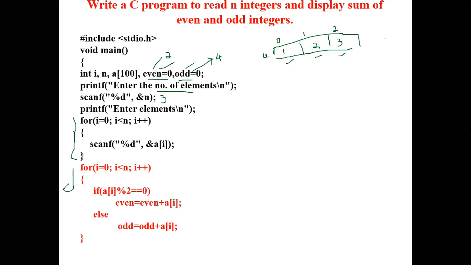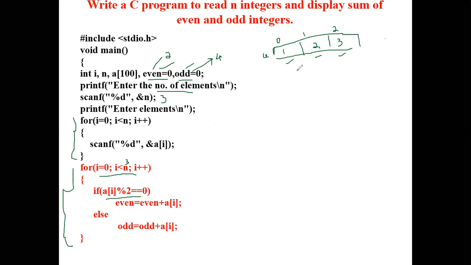Now this is the logic that we are going to use for calculating the sum of even and odd. Okay, so we are reading each and every element of the array till I value is less than 3. So these 3 values we are going to read, and this is the logic that we are using to check whether the elements in the array are even or odd.